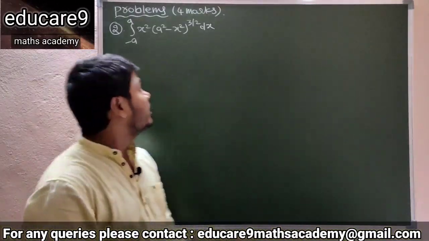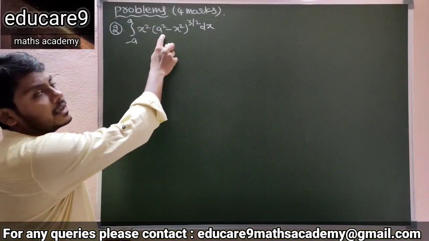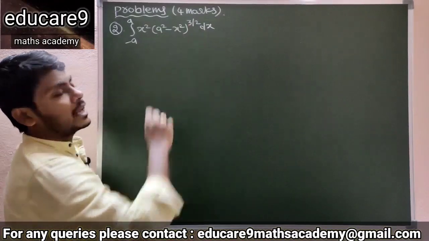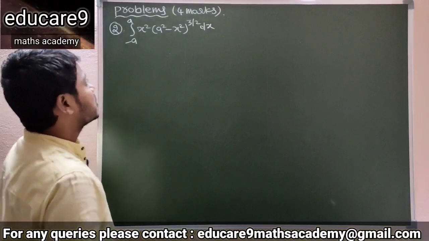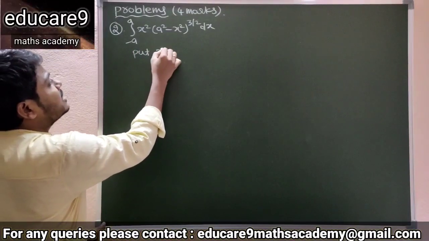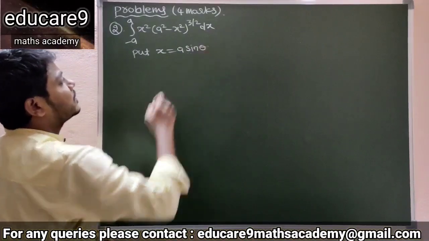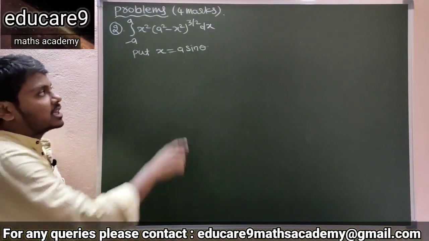So see the next one, integral from minus a to a of x square into a square minus x square whole to the power 3 by 2 dx. So clearly put x is equal to a sin theta and differentiate with respect to x.